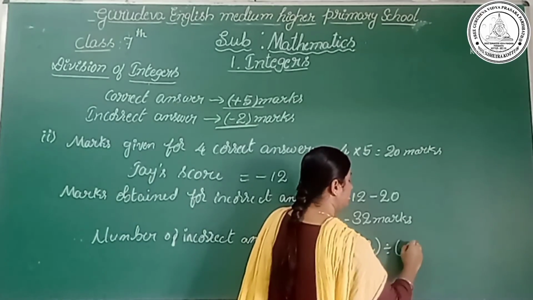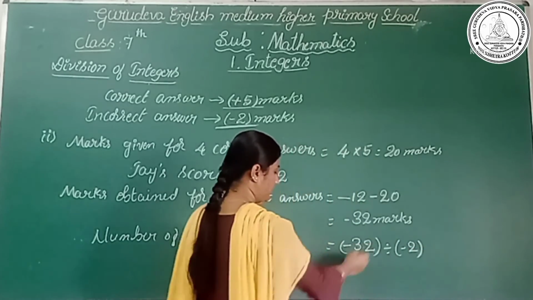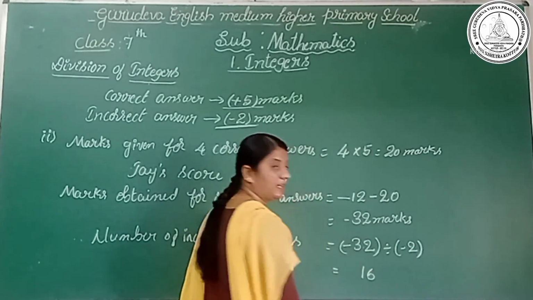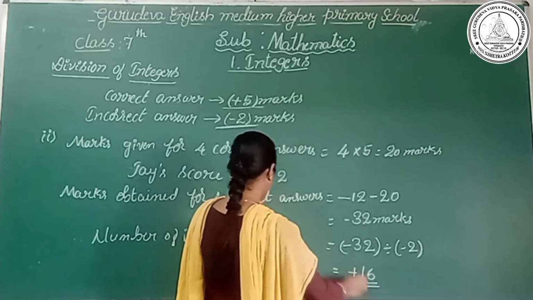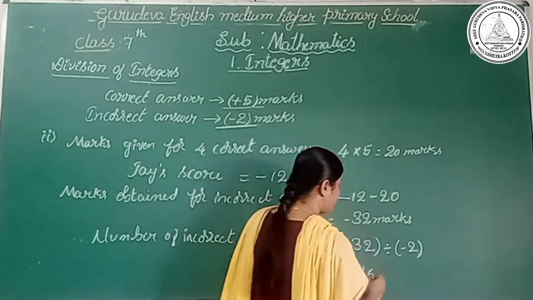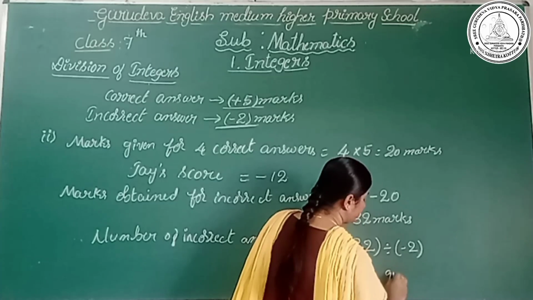So divide by minus 2. 2 how much are 32? 2 16s are 32. So minus divided by minus is plus. So totally the number of incorrect answers is 16 questions.